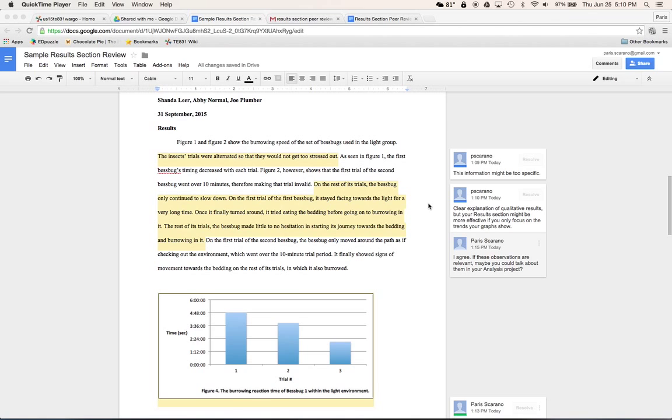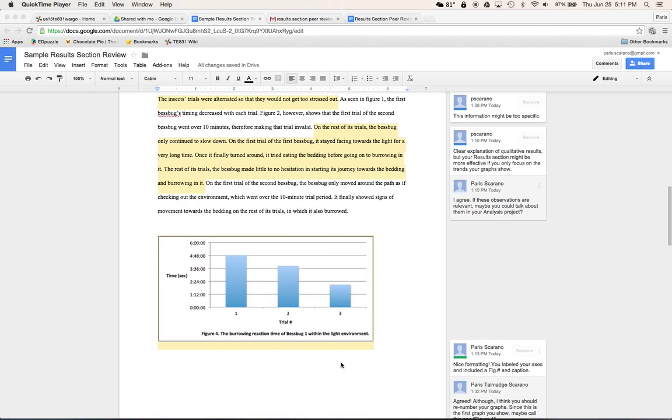Now, by the time students have heard my discussions in class and they've reviewed the guidelines, they should grasp that the purpose of a results section is to provide results in figure form. You need graphs, maybe some tables, but you definitely need some graphs. Now, in addition to that, a results section should be brief, and the textual information that's included, so the text portion, should be linked to the figures, and it shouldn't provide any type of interpretation.